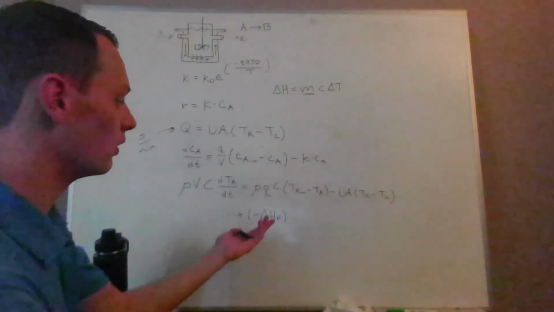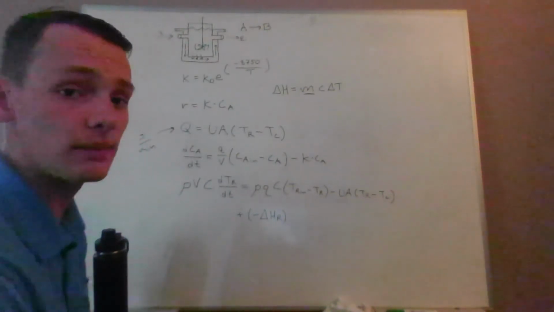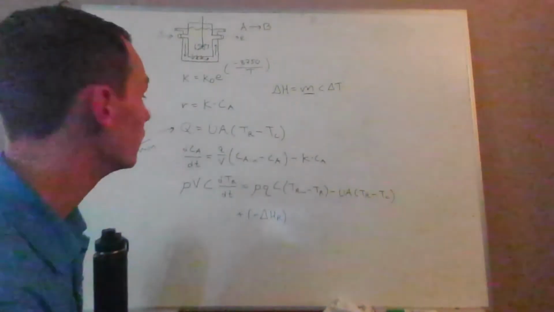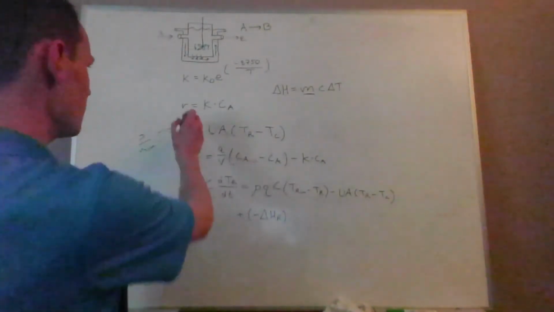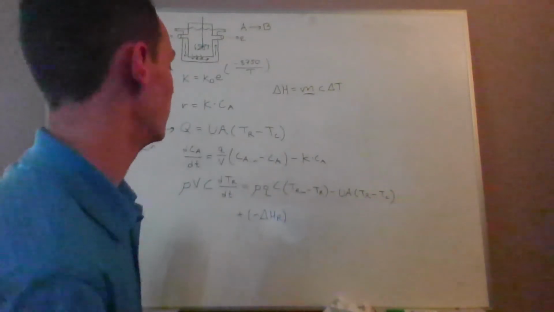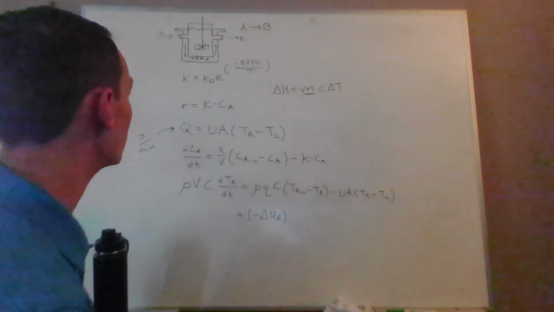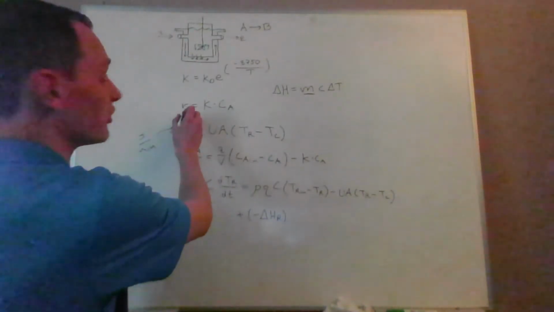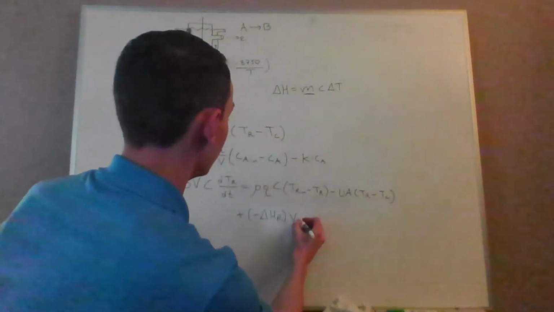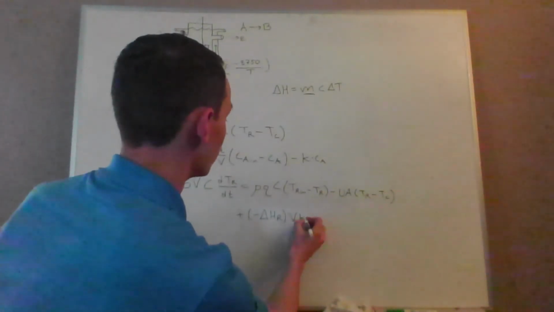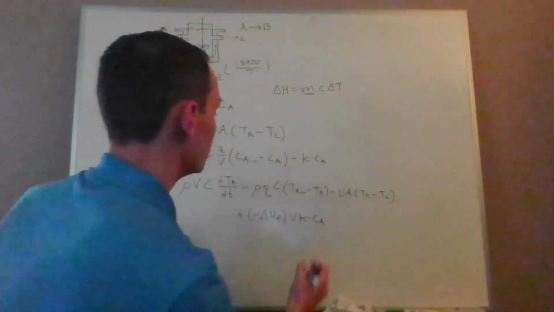Okay, well, this energy that's generated from our reaction is going to be proportional to the rate at which things are going on, right? The reaction rate, which is given to us by R. Okay, that's good. That's something we can work with. So now remember, this is on a per volume basis, so we're going to have to multiply that. So it'd be the volume times the reaction rate constant k times C_A, right?